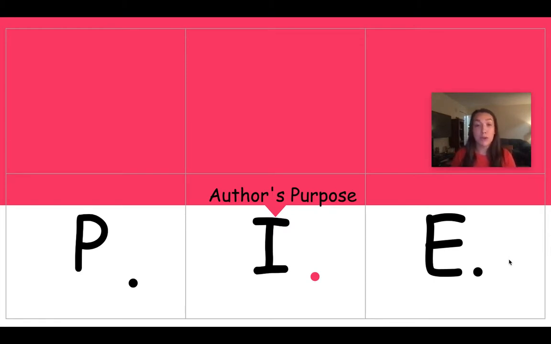But if you do have a printer, you can print this out and fold right across on this line. Then you can cut right in between the P and the I and the I and the E. Once it's folded in half, you can flip each flap up, and underneath it, you can write what each letter stands for so that you can use this as a tool. But like I said, if you don't have a printer at home, that's absolutely fine.